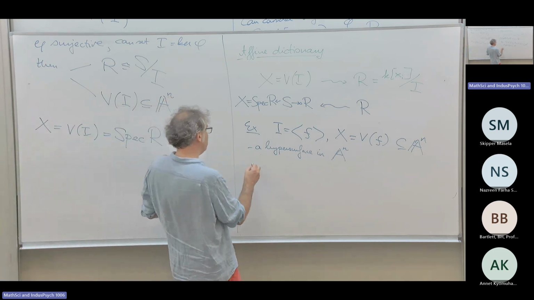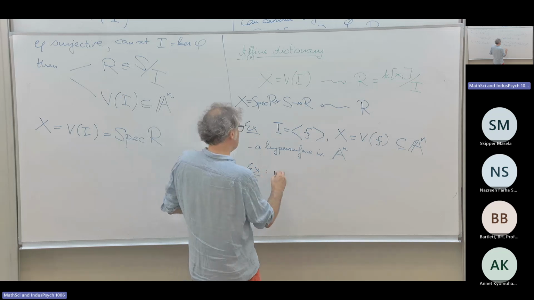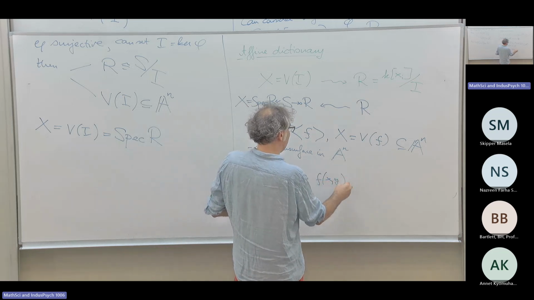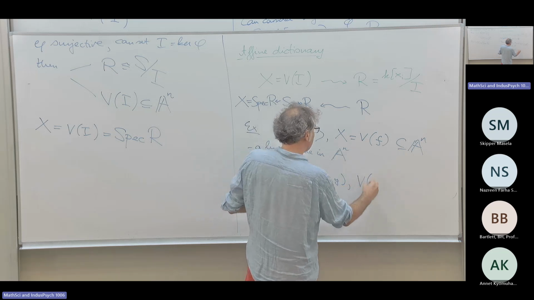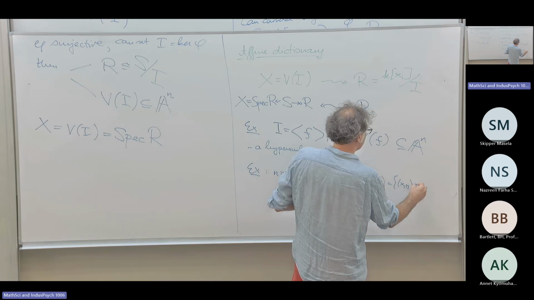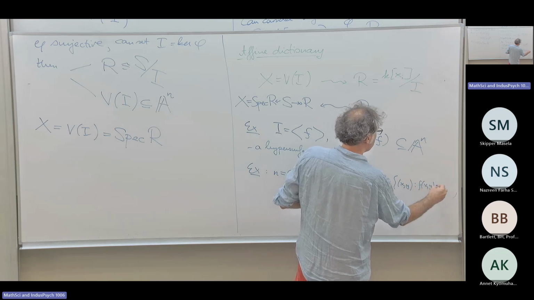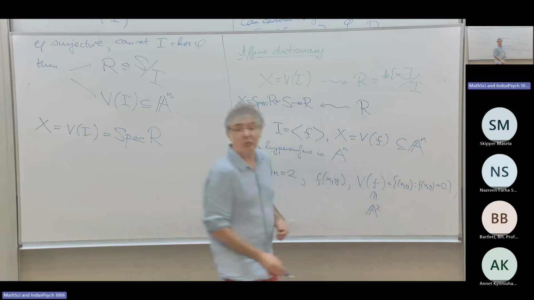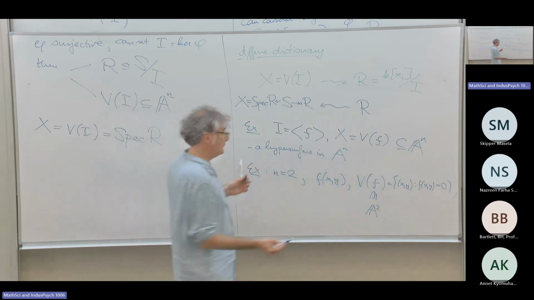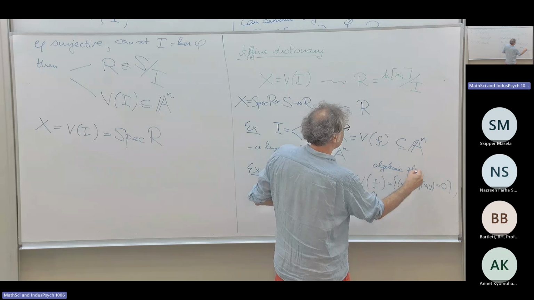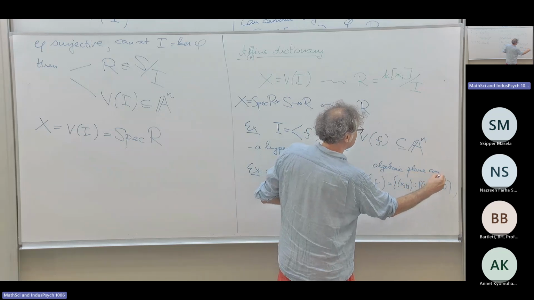To be even more specific, I could take n equals 2, and then my polynomial f is just a polynomial in two variables, any polynomial, and then the vanishing locus of f is those pairs (x,y) such that f(x,y) is 0. That's inside affine space. And this is what's called an affine algebraic plane curve.